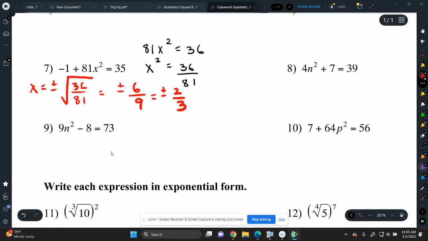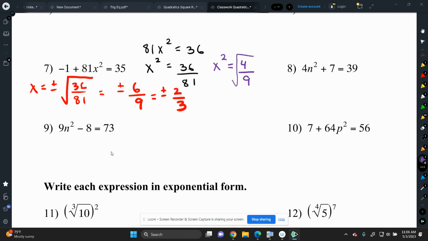Now, if you had reduced first, we'd have x squared equals 4 over 9, since 9 goes into 36 4 times, and 9 goes into 81 9 times. And then if we take the square root of that, we get the 2 over 3. Is the radical still there? No, because once we take the square root of 36, the radical disappears.